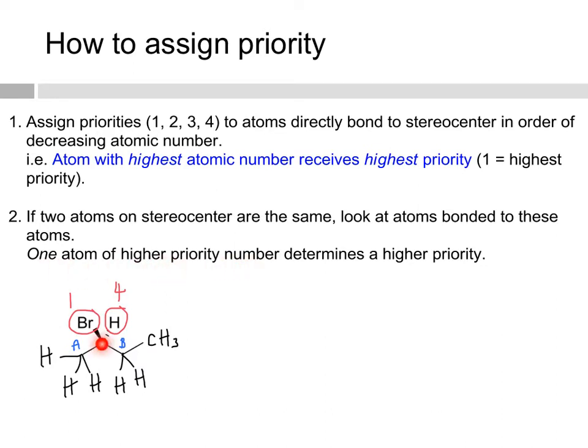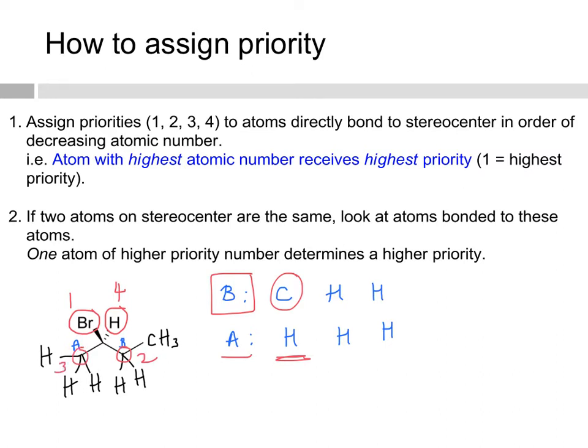So we look at B. B has got a carbon, hydrogen, hydrogen, and A has got a hydrogen, hydrogen, hydrogen. If we look here, this carbon is a higher priority than this hydrogen, which means that B is going to be a higher priority than A. And so B is going to be assigned a group priority of 2, and carbon A is going to be assigned a group priority of 3.